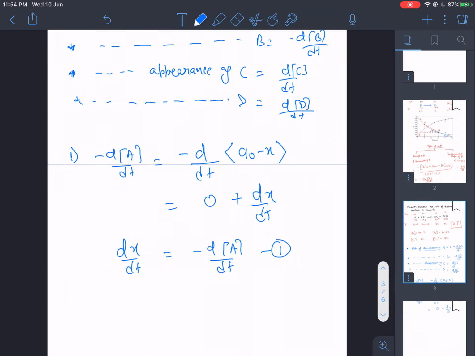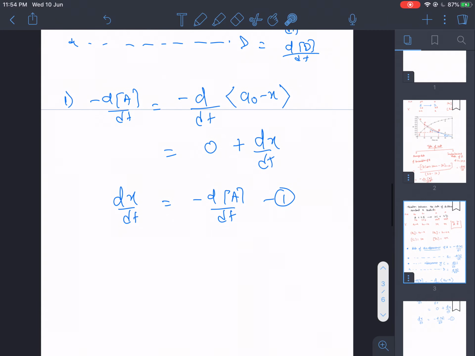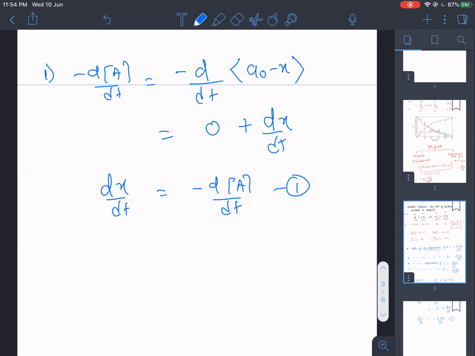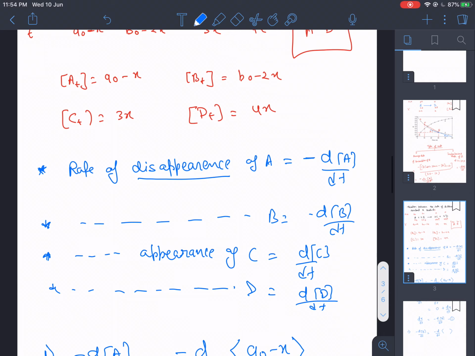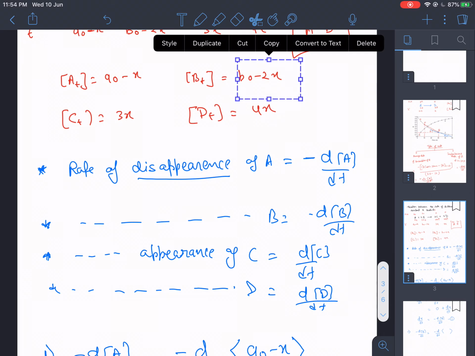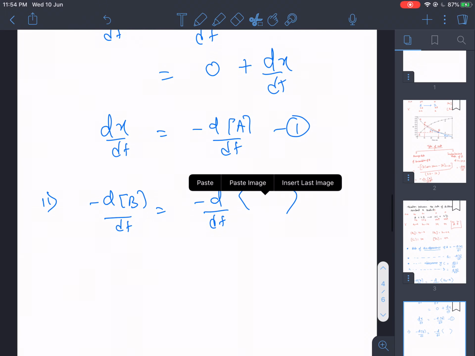So this is first, guys. Likewise, if you take B, let's differentiate this one. So second, minus dB by dt is equal to minus d by dt of the concentration of B at time t, so it is B naught minus 2x.